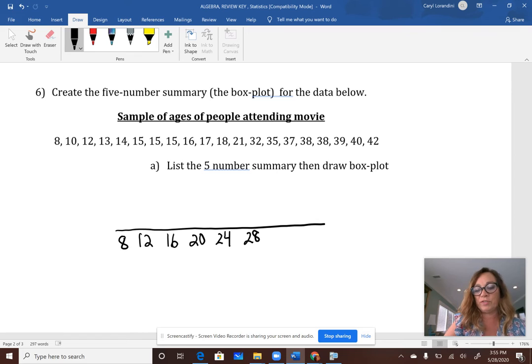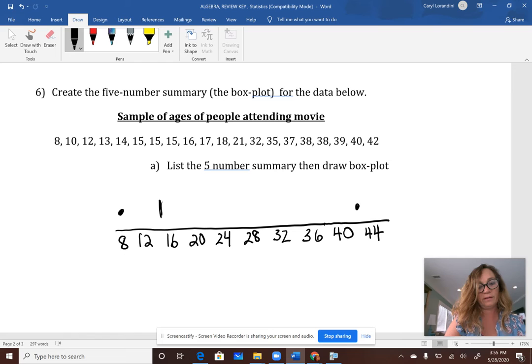A piece of graph paper is always good for this too. 32, 36, 40, and 44. Okay, that's good. All right, so I make a little point here at 8 because that's the minimum. Make a little point here at 42.